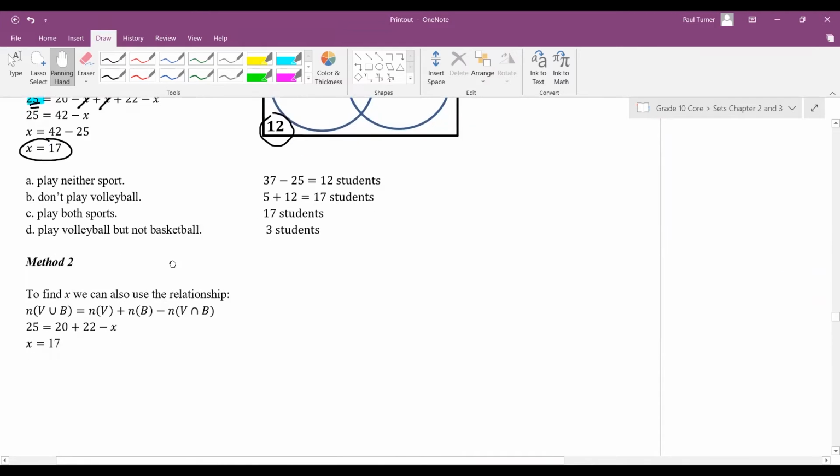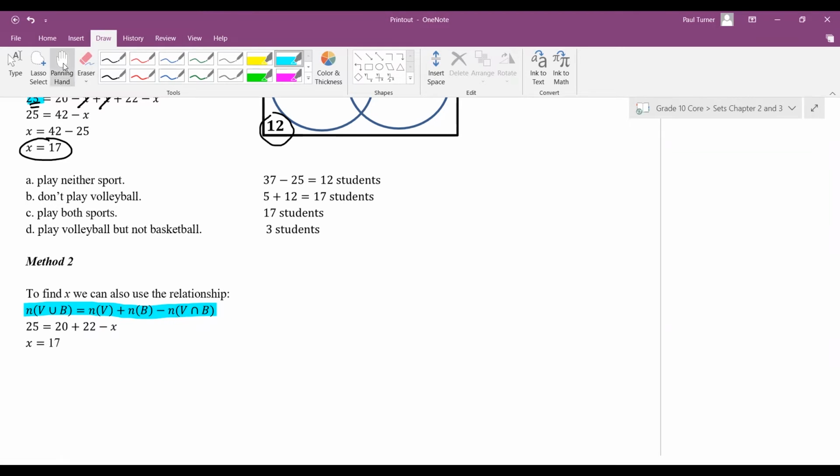Okay, the other method is using that formula I showed you before. The number in volleyball union basketball is the number in both separately minus the number in the intersection. This is another way you can do it, which is a little bit quicker, but you can't always use this.